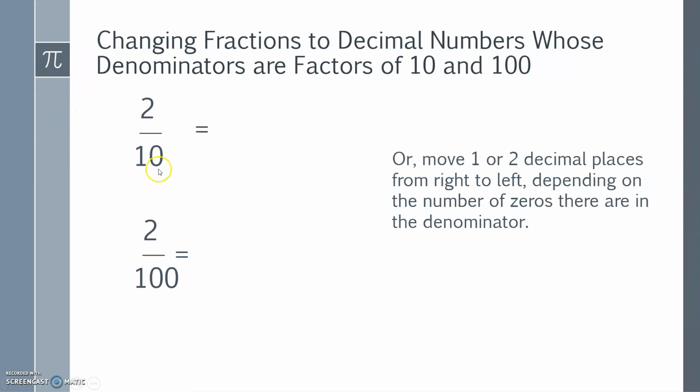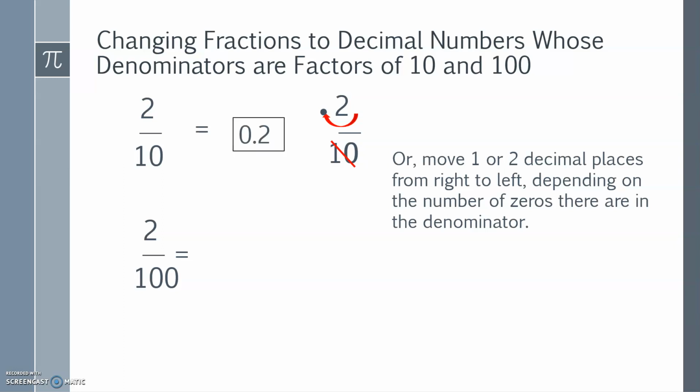So dito sa example natin, meron tayong isang 0 sa 10. So mag-move tayo ng 1 decimal place. Ayan. And then, add decimal point. And then, cancel natin yung denominator.